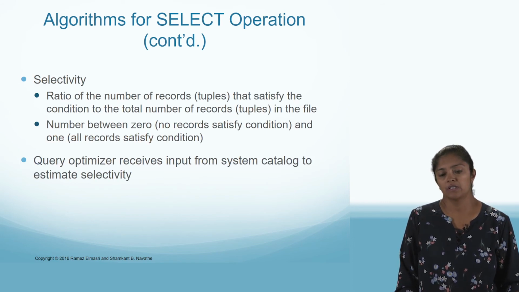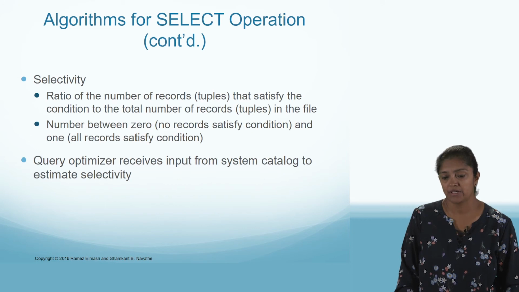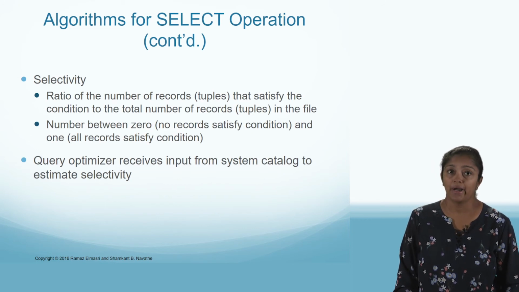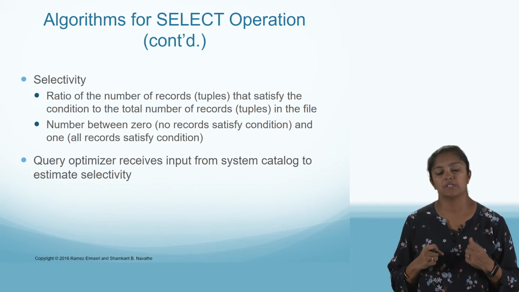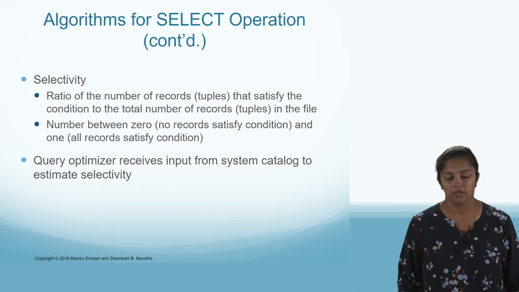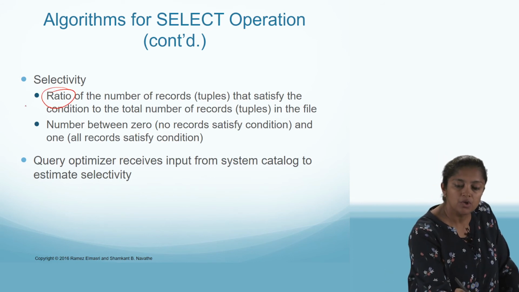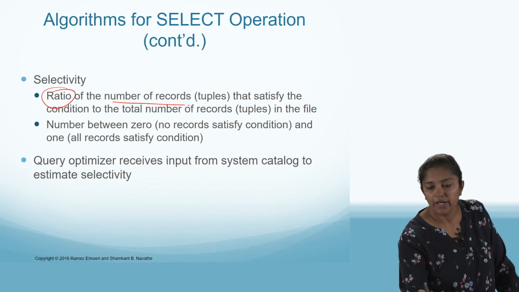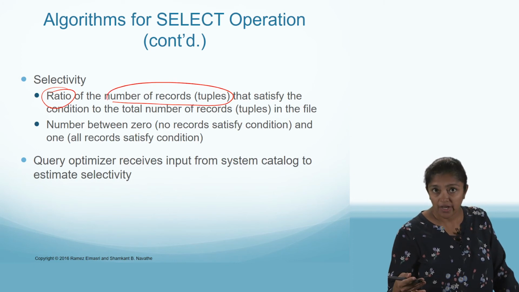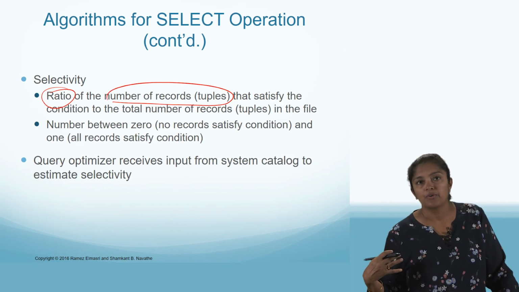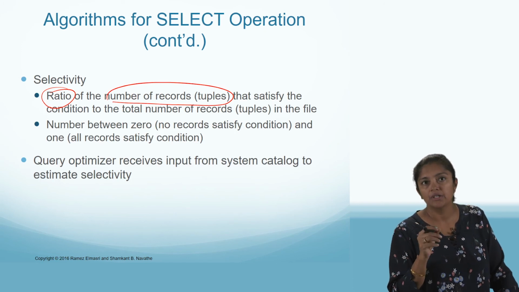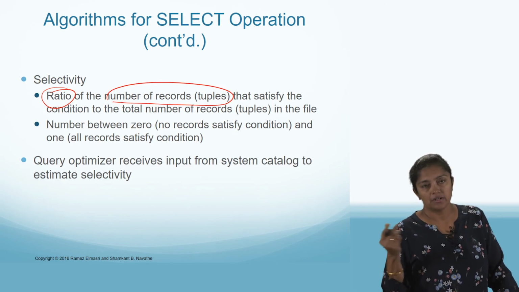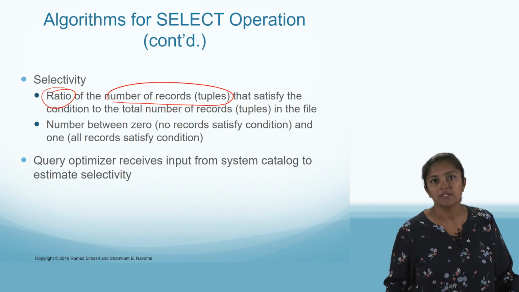There's also the concept of selectivity. That's what gets used by the query optimizer when it's trying to optimize the query plan. There's a selectivity ratio, which is basically the number of records or tuples that satisfy a condition to the total number of records, and based on that selectivity ratio of a relation, the optimizer might have to vary its plan.